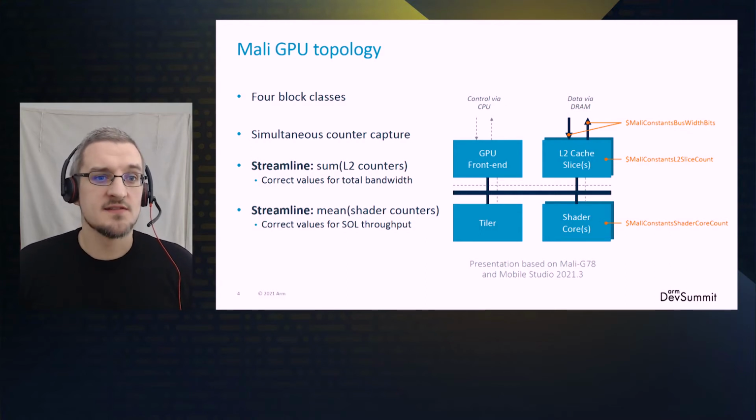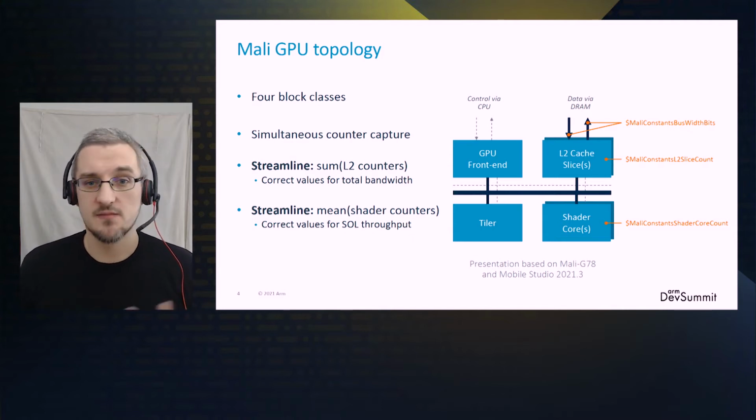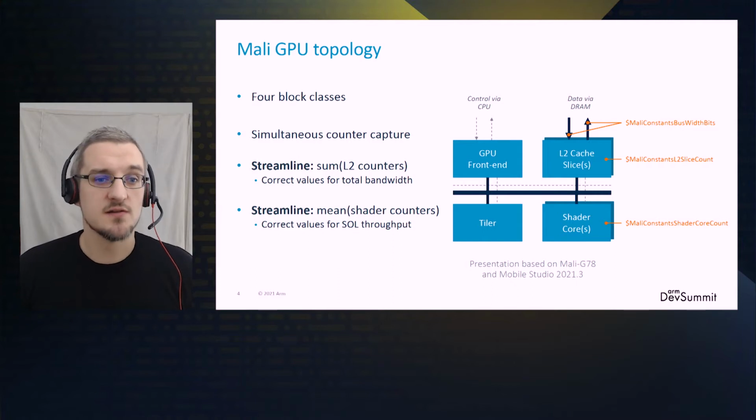We have a set of counters for each of these blocks, and the Mali GPUs can capture all of those counters simultaneously. So you don't have to pick and choose which counters you want to capture. Depending on the GPU design that you have, you may have 1 or more cache slices and 1 or more shader cores, and the tool has to make a decision about how to present that data. For our Streamline profiler, for the level 2 cache, we count the sum of the counters across all of the blocks.